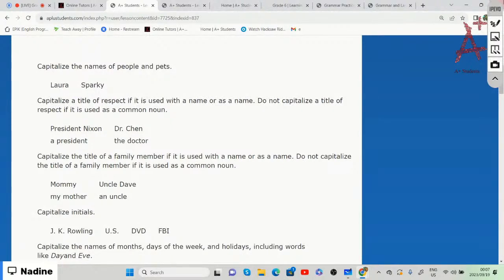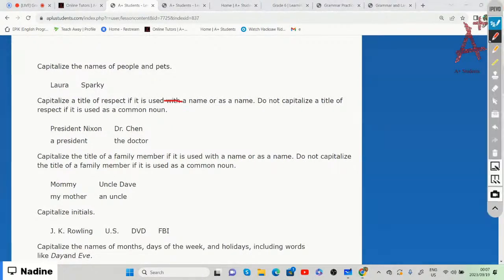When you write your name and surname, the first letter of the word needs to be capitalized. Same with names of pets. The name of your pet you need to capitalize. So if your dog's name is Spotty or Sparky, then you need to capitalize it.